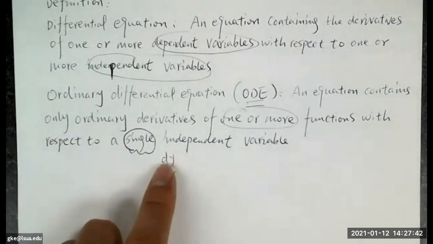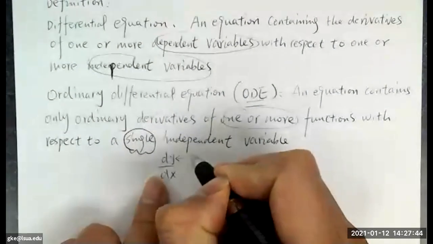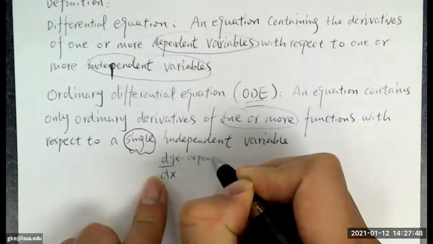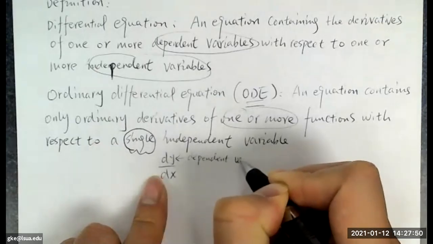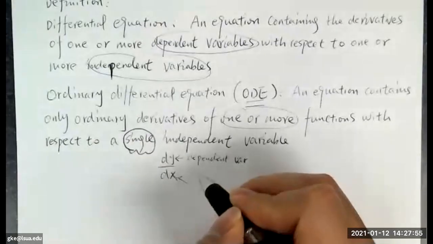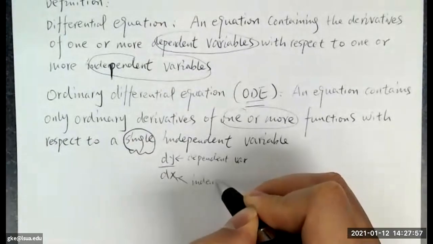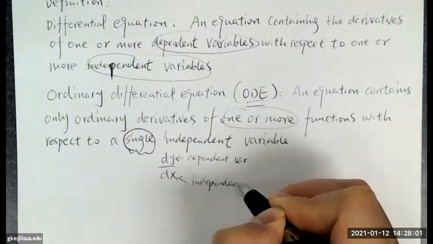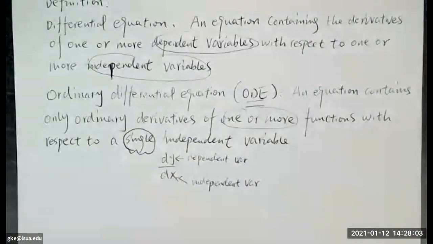Here y is the dependent variable, and x is the independent variable.